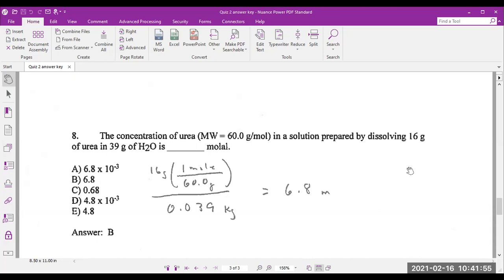Then we have 39 grams of water, and we need to convert that to kilograms of water by sliding the decimal point over 3 places to the left, so it's 0.039 kilograms. We do that calculation, and we get 6.8 molal, 6.8 moles per kilogram of water.